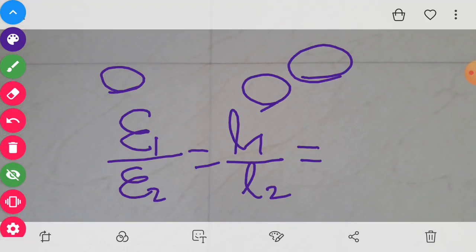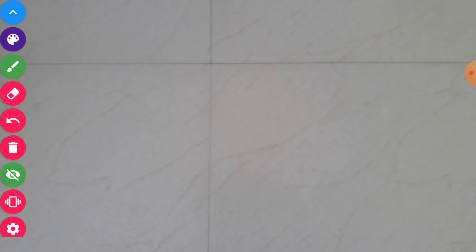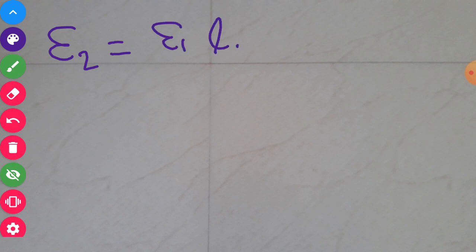So E2 can be made the subject of the formula. We have E1 upon E2 equal to L1 upon L2, so we can write E2 is equal to E1 into L2 upon L1.